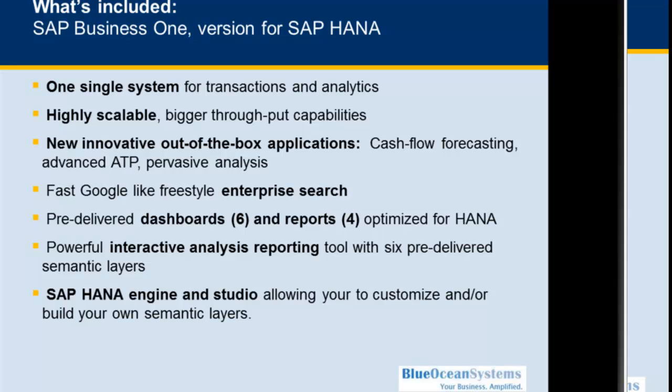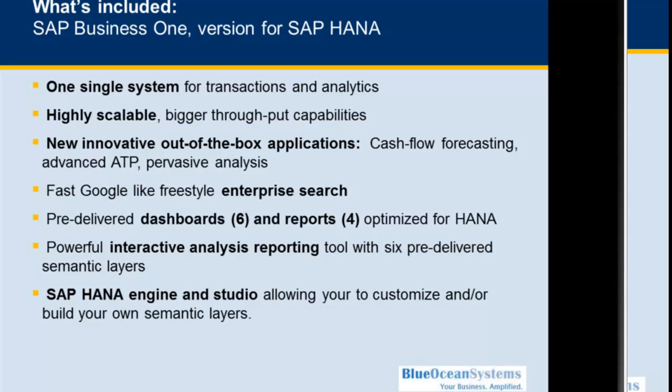So there are configurations of the HANA appliance that start from as low as 32 gigabytes, 64, 128, and results have shown that we can also handle exabytes of data in a very rapid fashion.